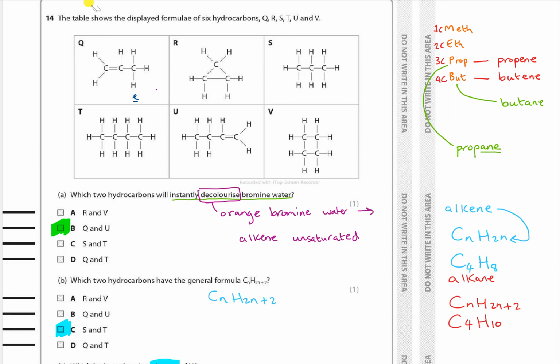Causing me to think twice. Right. So you've got 1, 2, 3, 4 carbons, and you've got 1, 2, 3, 4, 5, 6, 7, 8 hydrogens. 4 carbons and 8 hydrogens. So this has got 4 carbons and 8 hydrogens. So they've got the same molecular formula but different displayed formula.